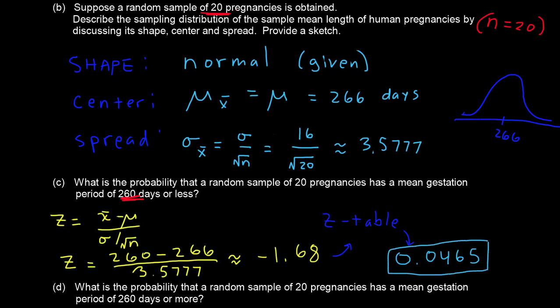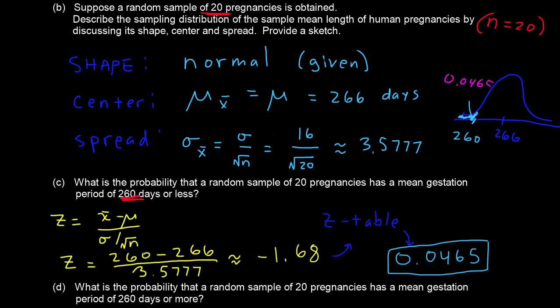So if we were to put this onto this figure up here, that 260 is actually pretty far over to the left, right? And we're finding this area over here. That 260 seems so much further to the left because the spread of the sampling distribution is approximately 3.5.